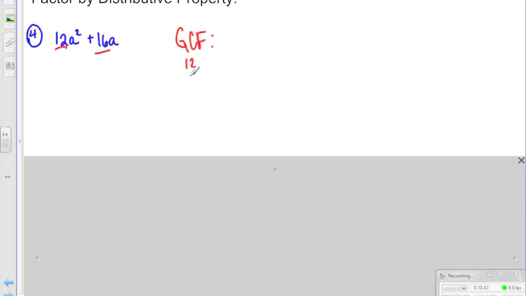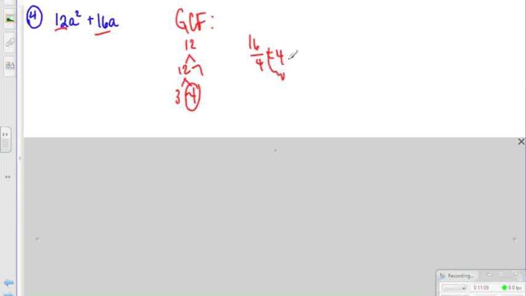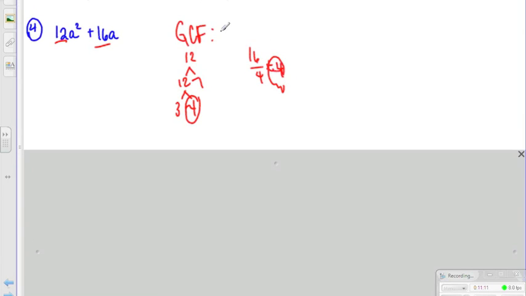I'm going to try 12, and say we already tried 12, it didn't work, so 12 can be broken apart into 3 and 4. And remember, because it's the greatest common factor, we always want to start with the bigger one. So we'll start with 4 and say 4 is a factor of 12, so that works. And then can 16 be divided by 4? Yeah, 4 times. So the GCF then is going to be 4.